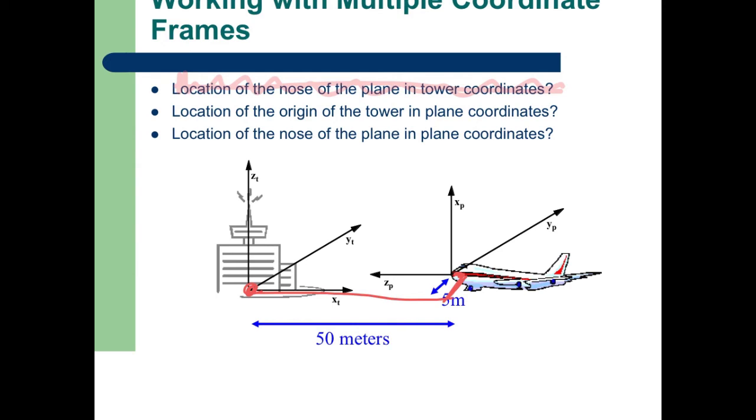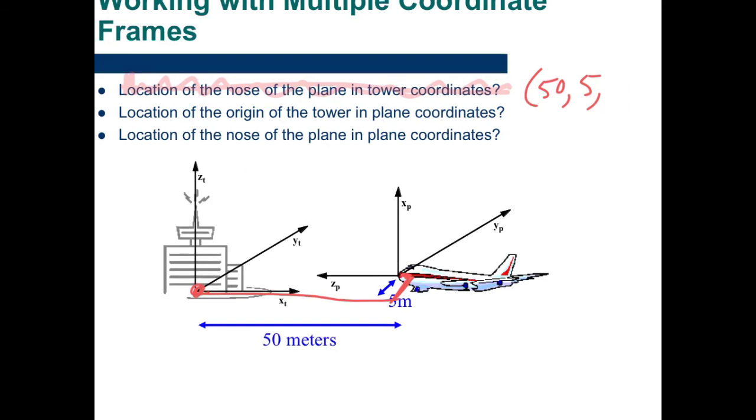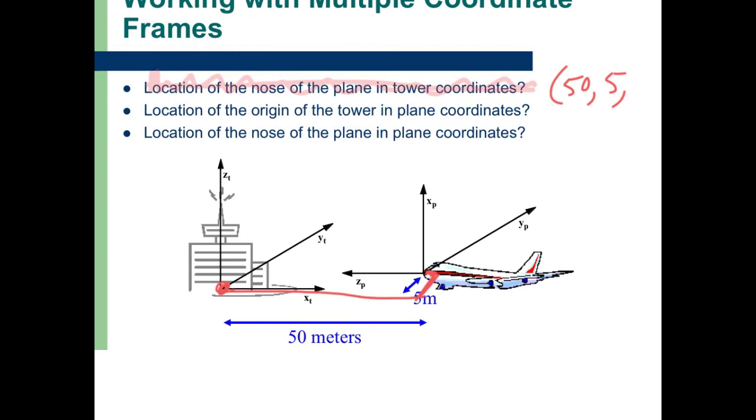So the location of the nose of the plane in tower coordinates is going to be 50 along the x-axis of the tower and 5 along the y-axis of the tower and 0 along the z-axis of the tower. So that's the location of the nose of the plane in tower coordinates.